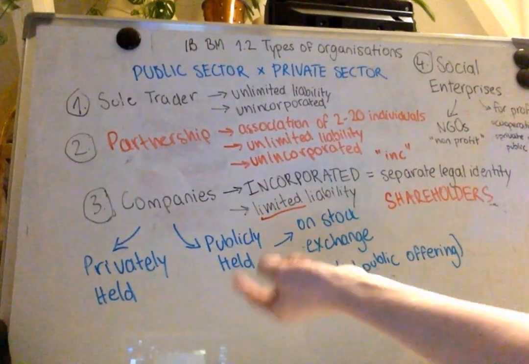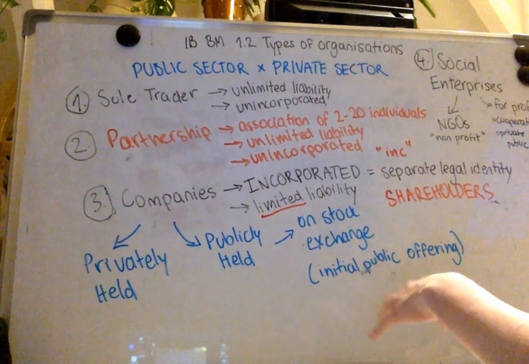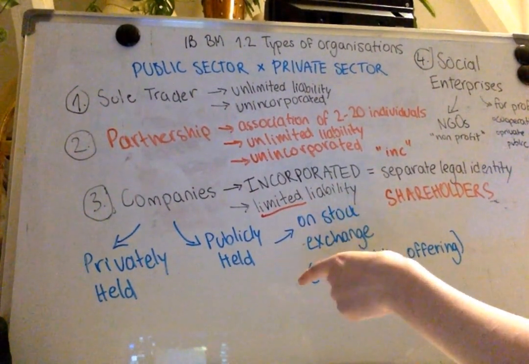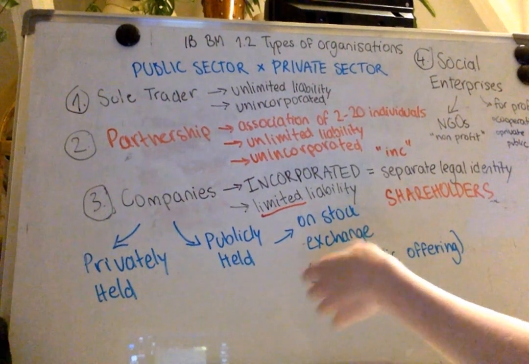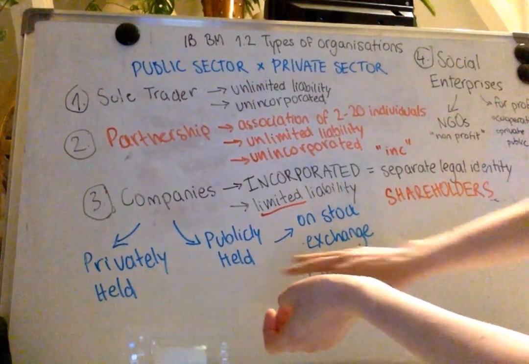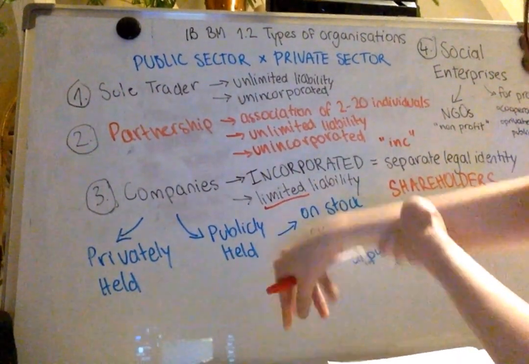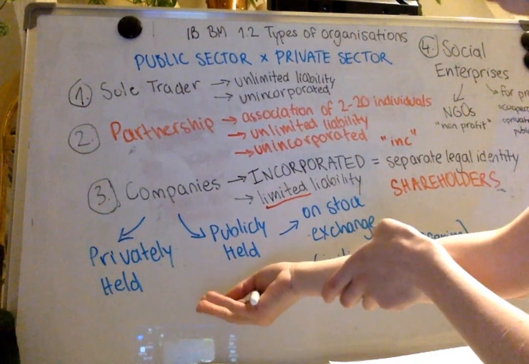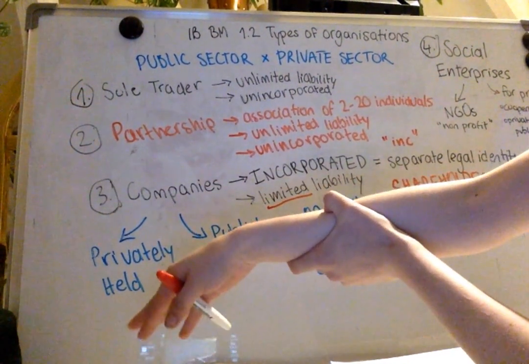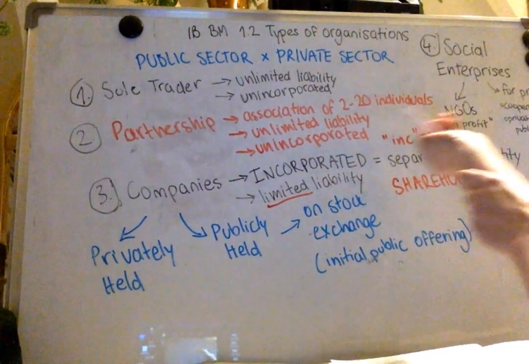And so the benefits of this are that you have a lot more privacy because with a publicly held company, you need to publish a lot of financial information. That is the case also with privately held companies, but with publicly held companies, even more information has to be published. And another thing is also the control.